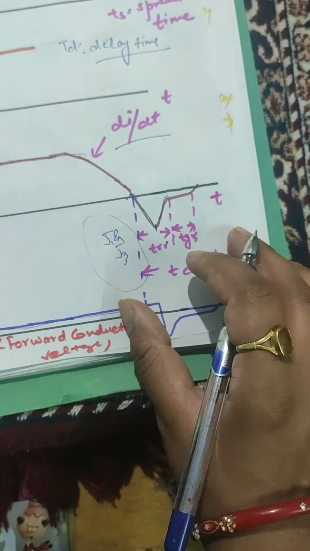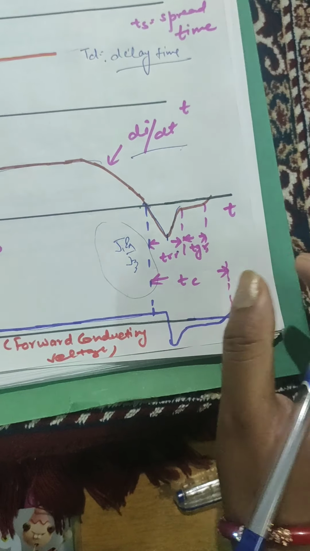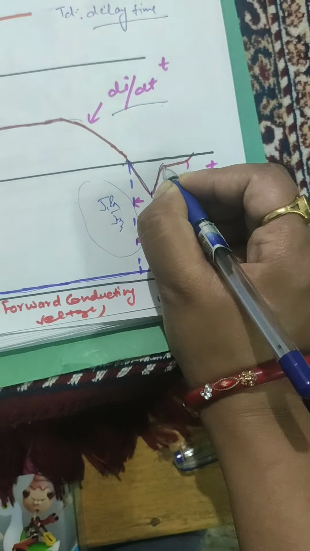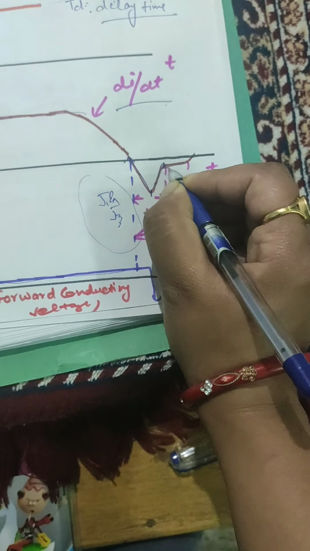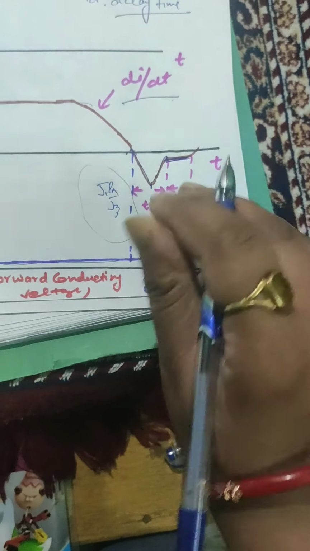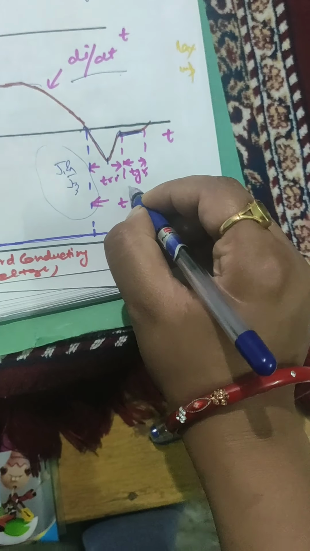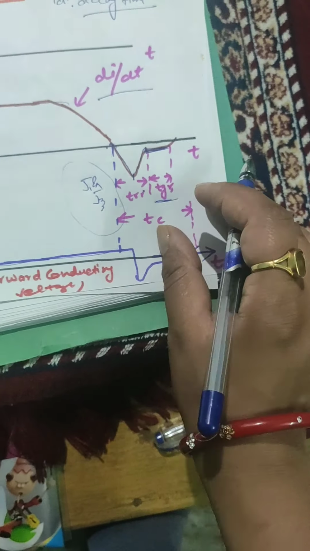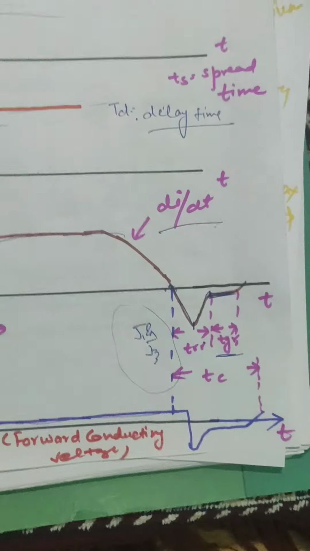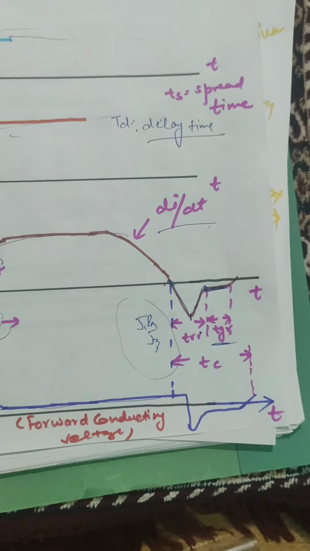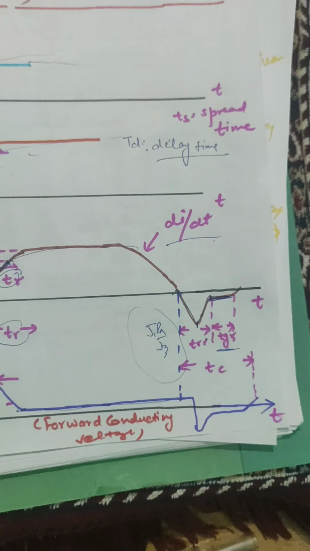To fully turn off, J2 should be removed. The time when J2 is removed is called TGR. So this is the turn off.